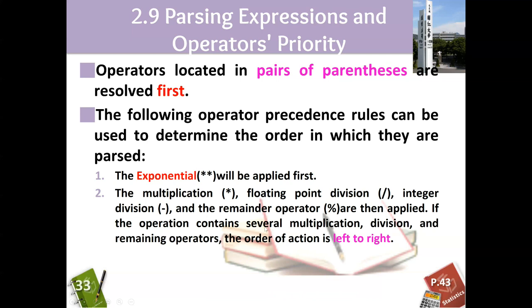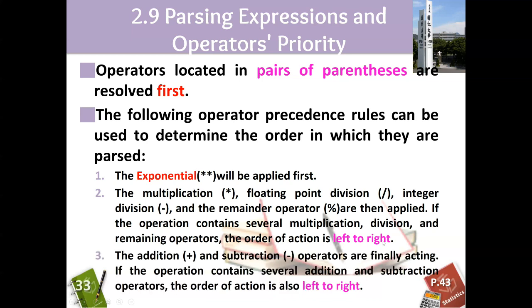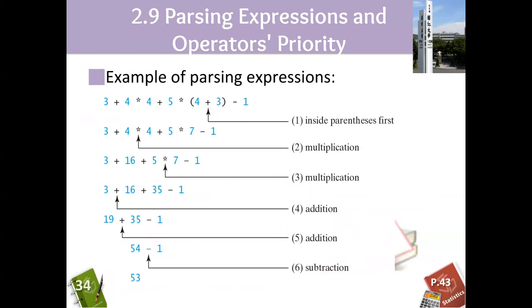If there are several multiplication, division and remainder operators, the order of action is left to right. The addition and subtraction operators act last, and if there are several, the order of action is also left to right.